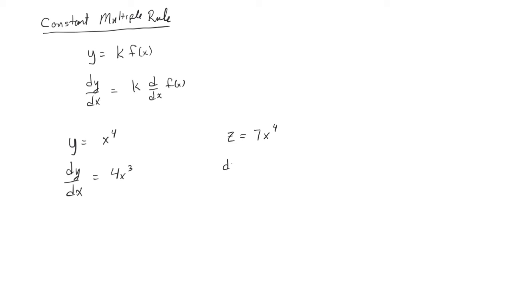Well, then dz dx would be equal to 7 times the 4x cubed. And so if we look at this, what we're actually doing is we're bringing the 4 down front. It's going to be multiplied by the 7, so that becomes 28 times x to the third power. So oftentimes what people will do is, instead of using this in-between step, just bring the power down and multiply it times the constant in front.